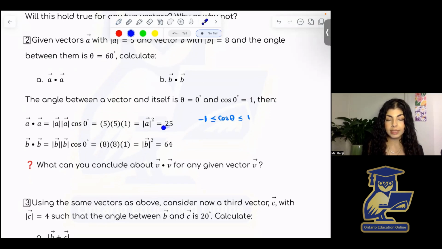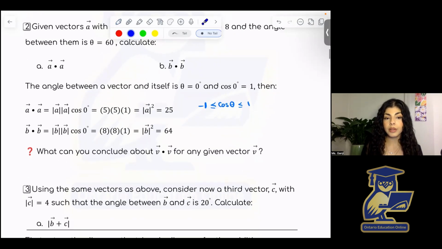And so this value is maximized, which is telling us that the vector in comparison to itself, remember the dot product is telling us how similar the directions are, then this is the maximum similarity that we can have because it's going in the same direction.